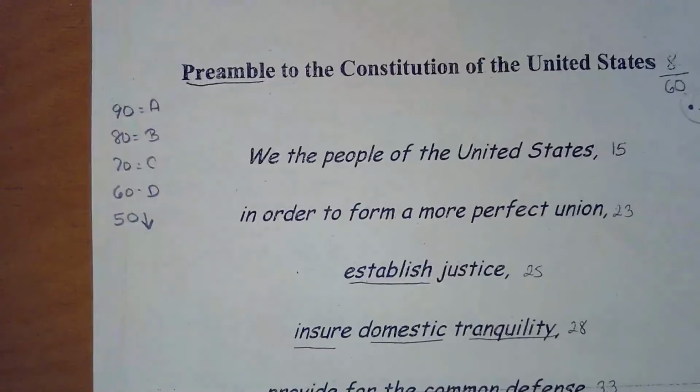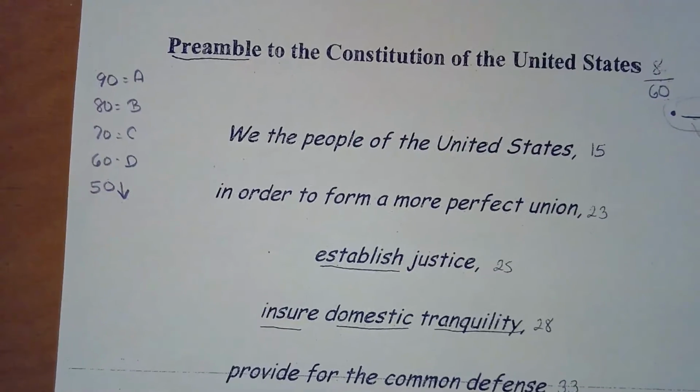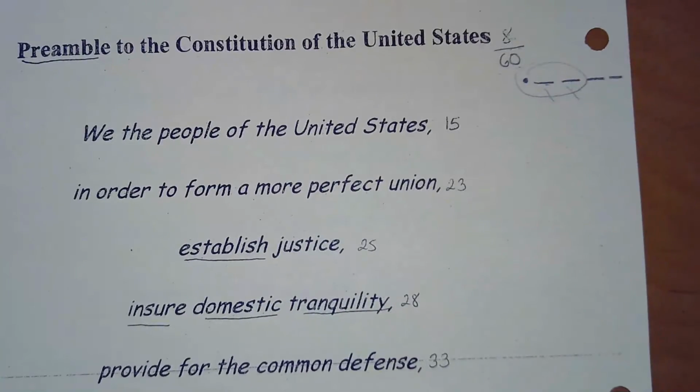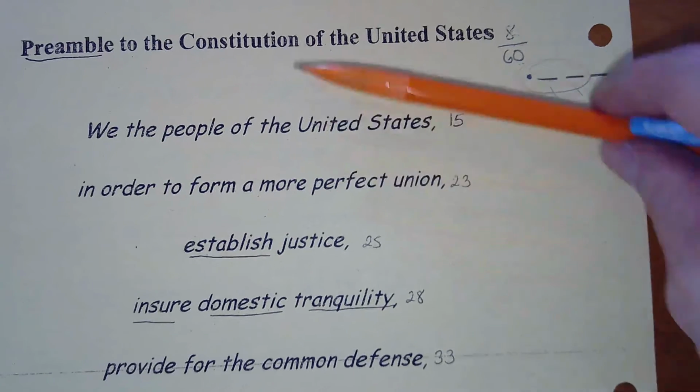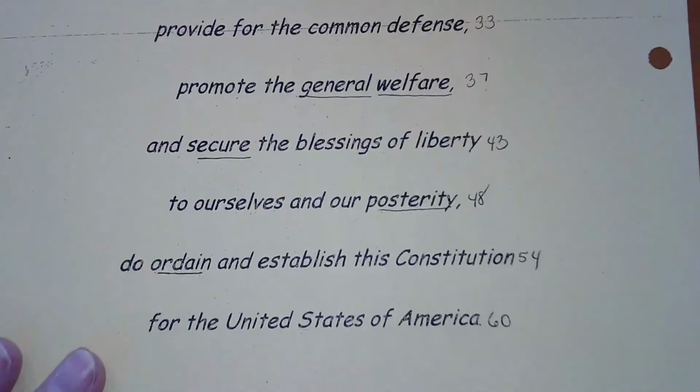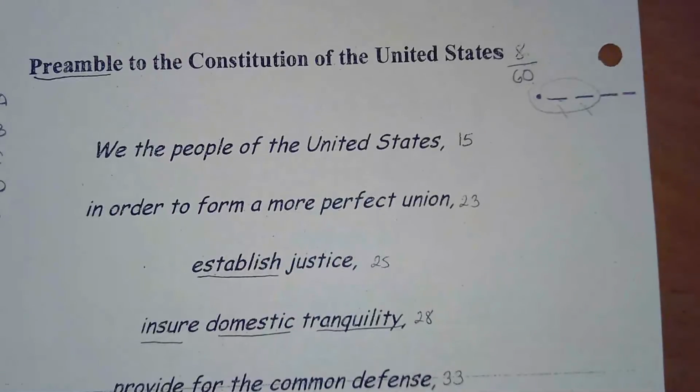So if you put those numbers into a calculator, it might help you decide how much effort you think you should put into this. Just know that compared to some of the other things we've memorized, this is only one sentence.